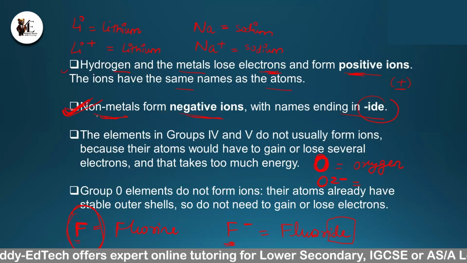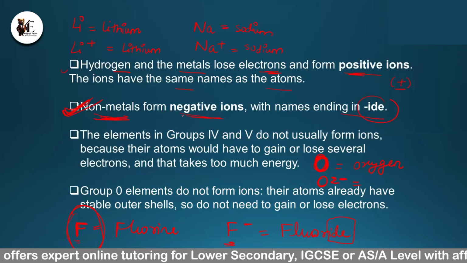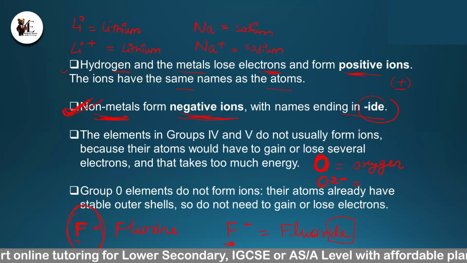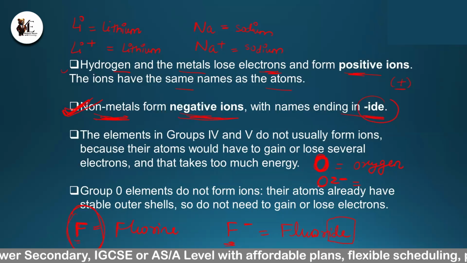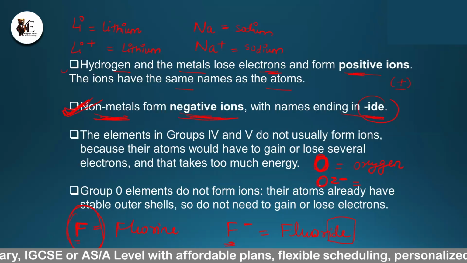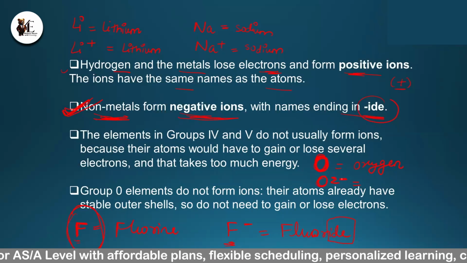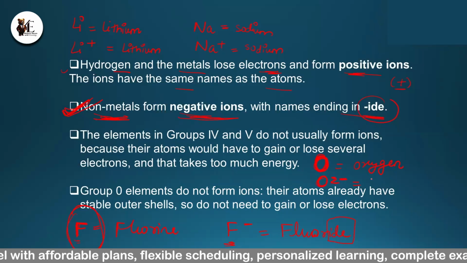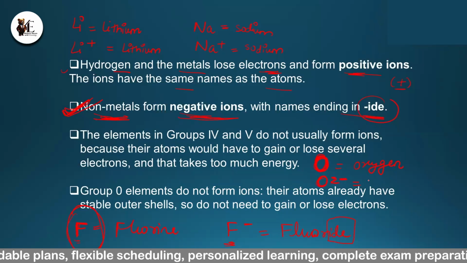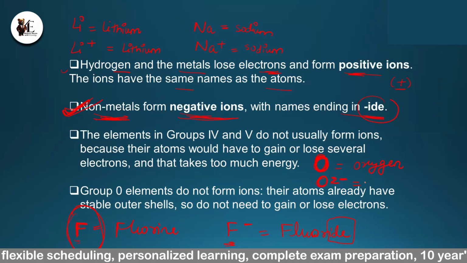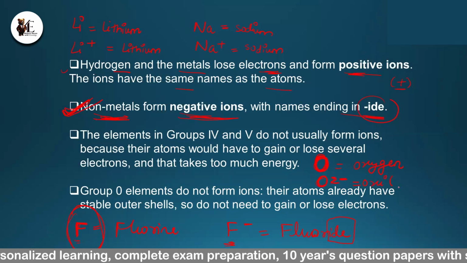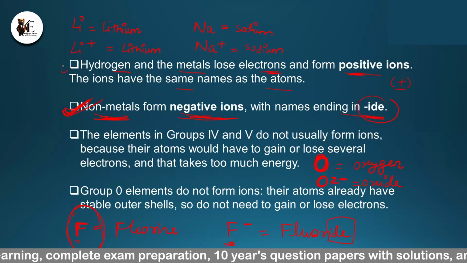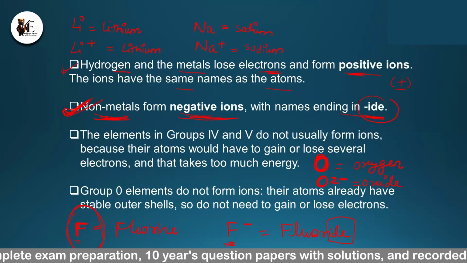It says non-metals form negative ions with names ending in IDE. As you said, oxygen is a non-metal. It is forming a negative ion, 2 minus. So its name should be oxygen or oxide? Yes, it should be oxide, right? So I think these 2 points are clear with the examples.